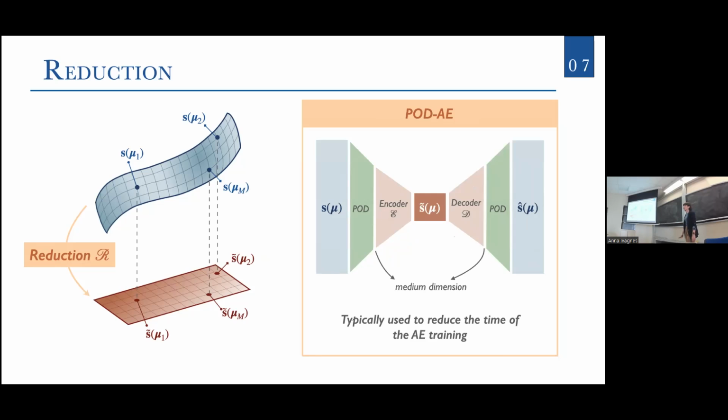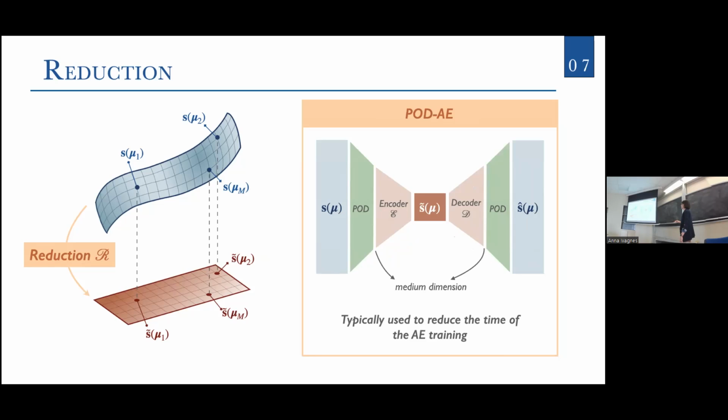Another third approach is a mix of the two that I said before, so the POD autoencoder. In this case, for example, we use it if we have an initial dimension of the snapshots that is too high to train an autoencoder.